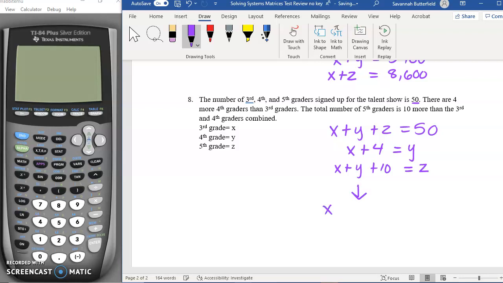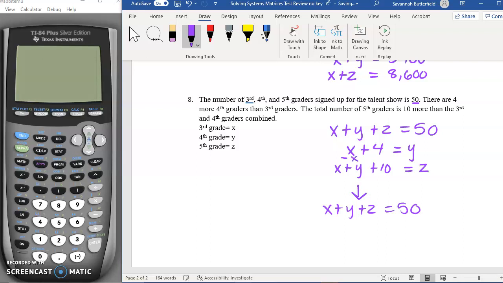So X plus Y plus Z equals 50. That one's fine. We can keep that one as is. This second one, X and Y are on opposite sides. Remember, we always want our answer on the right side. We want our variables on the left side. So what I want to do is take X and move him over to the same side as Y. That way X and Y are together and 4 is by itself.